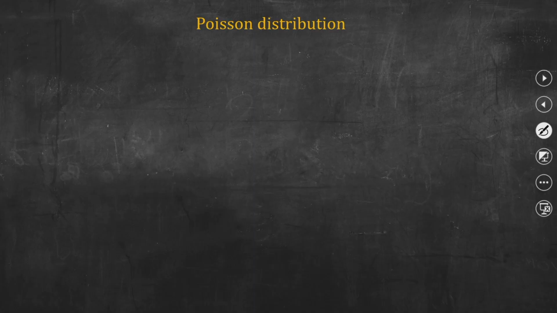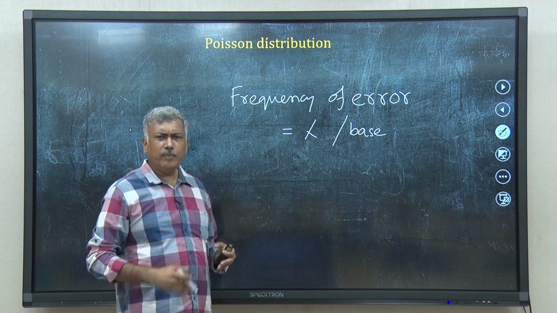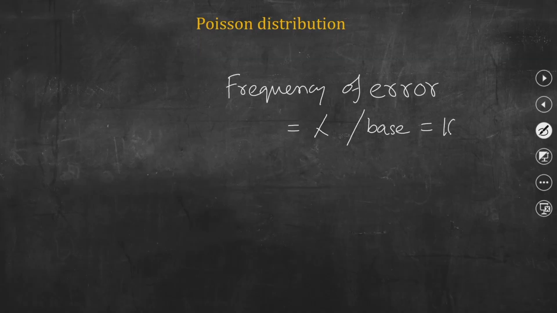So suppose the frequency of error in my DNA sequencing is lambda number of times per base, and suppose that is very low, something like 10 to the power minus 4 or minus 5 per base.